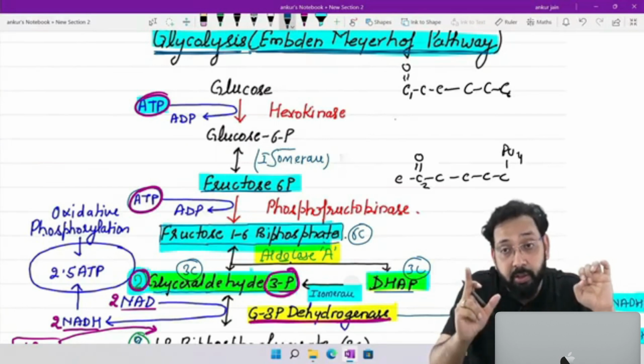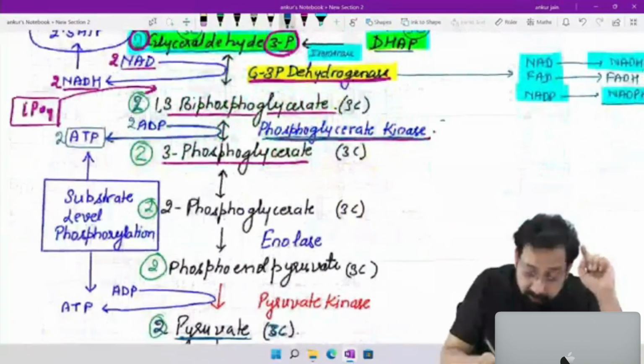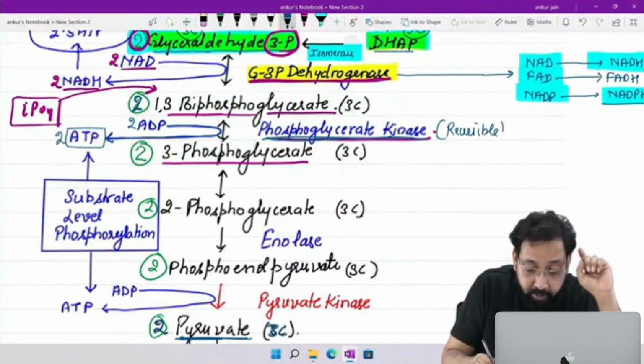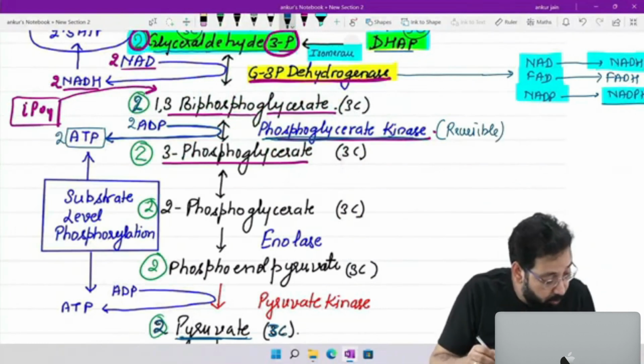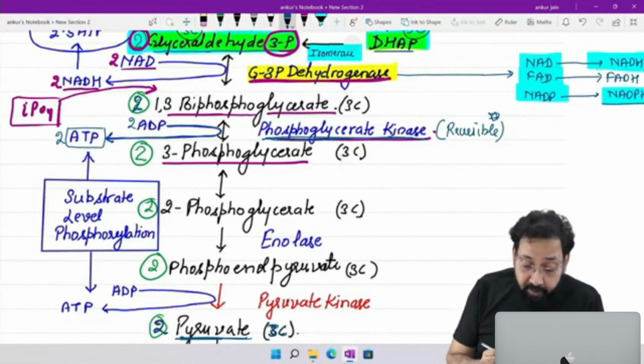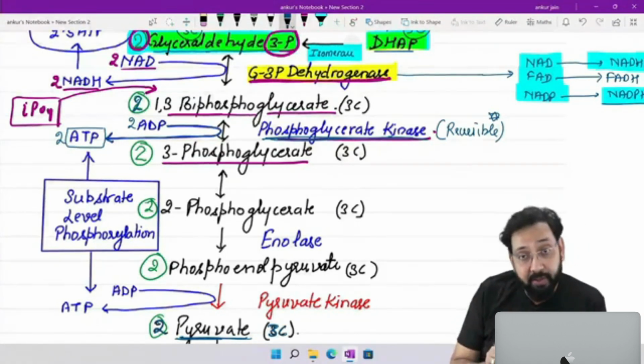Again I repeat, most of the kinases catalyze irreversible reactions, but phosphoglycerate kinase catalyzes a reversible reaction. So this is a catching point. A question is asked: all kinases catalyze irreversible reactions, but phosphoglycerate kinase catalyzes a reversible one.